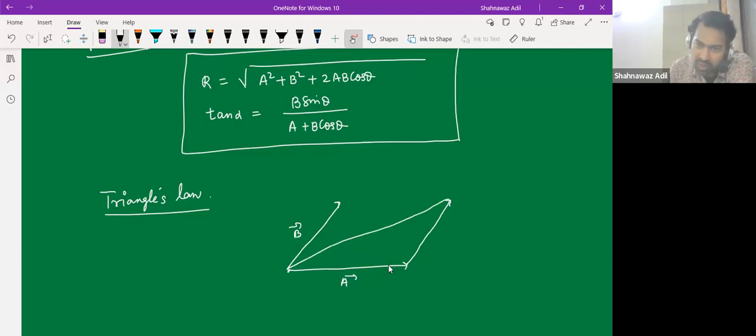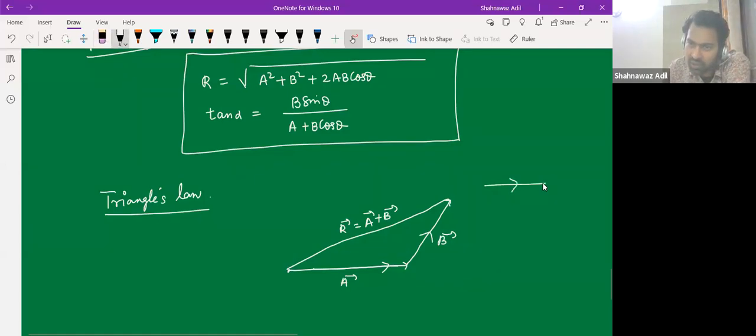So this vector and this B vector will give the result A plus B. Just understand that if we are going this way and then this way, the resultant would be this plus this.